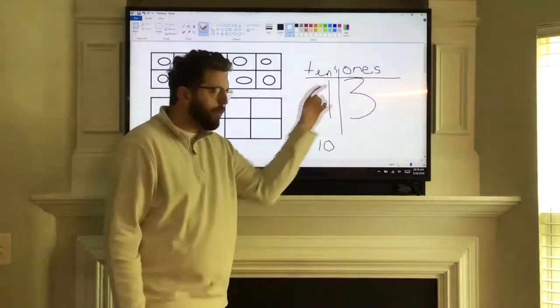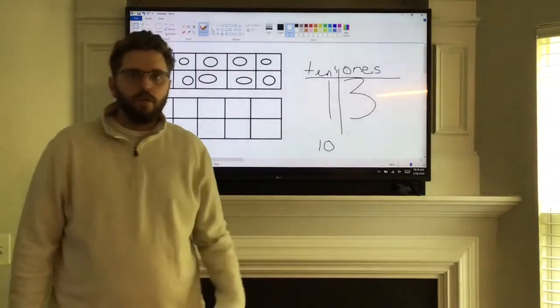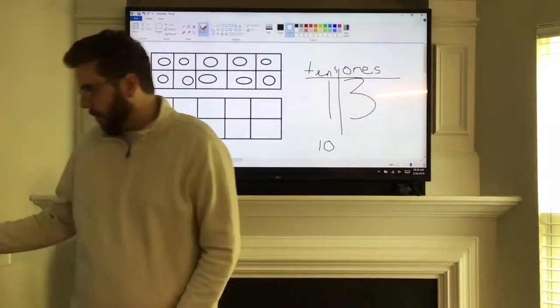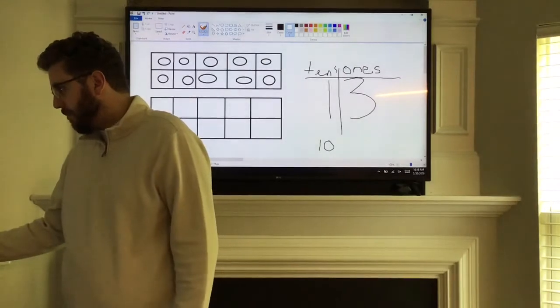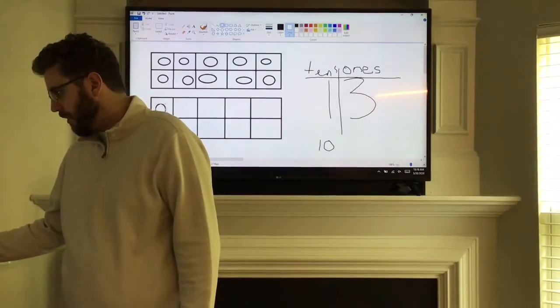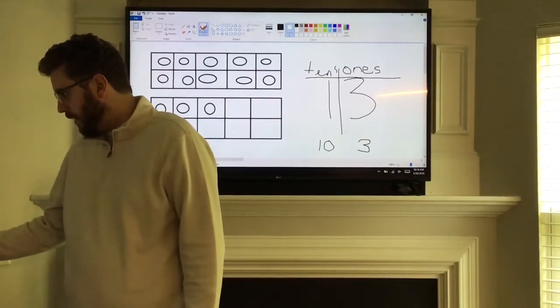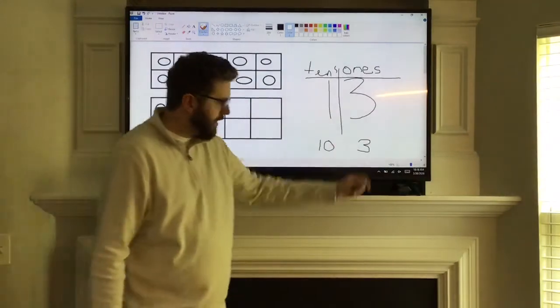And then we know that our 3 1s represent what? 3 1s, exactly what it sounds like. So we're going to put another 3, 1, 2, 3. Then down here we're going to write a 3. And so what is this starting to look like down here?